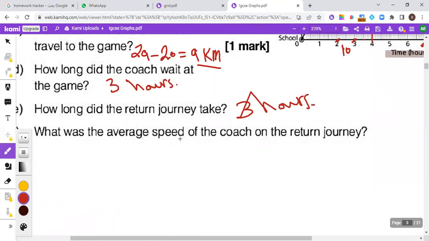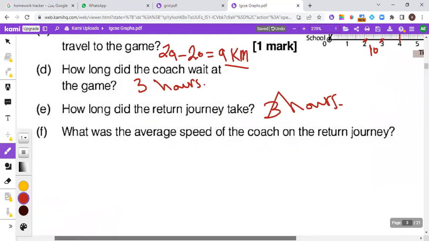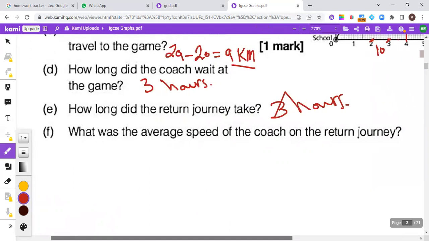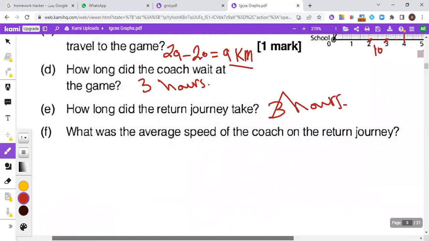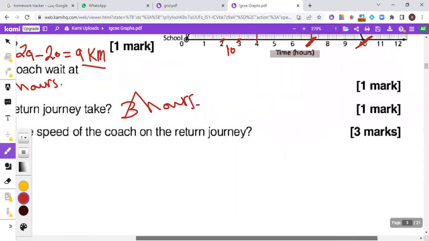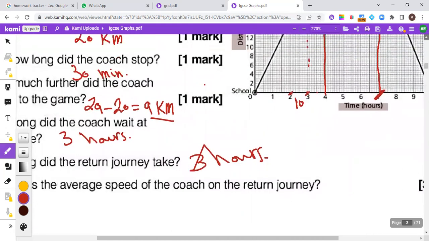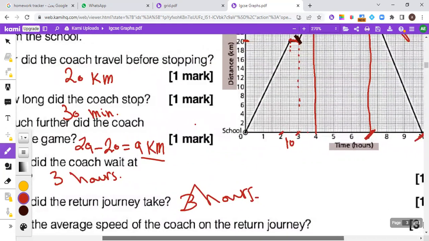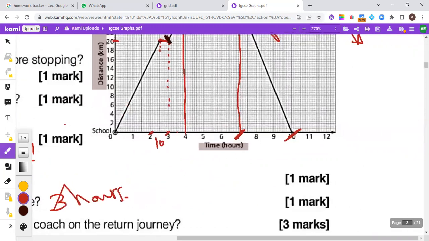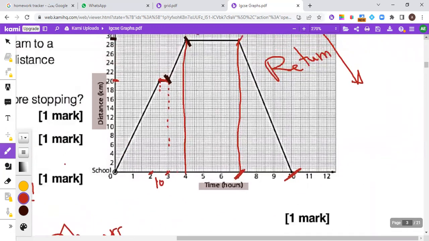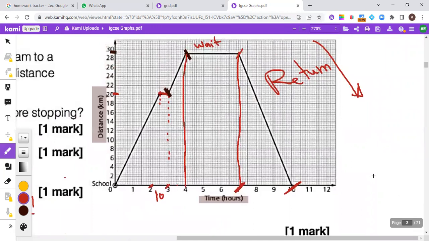What was the average speed of the coach on the return journey? Speed equals what?